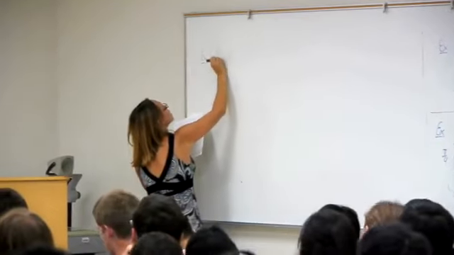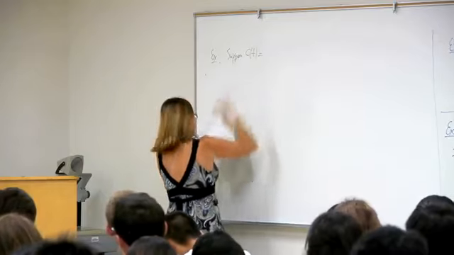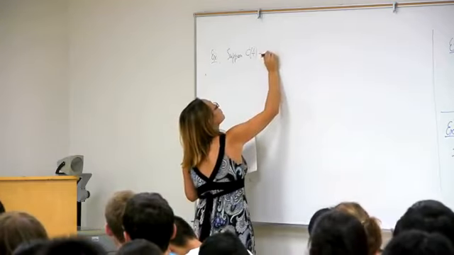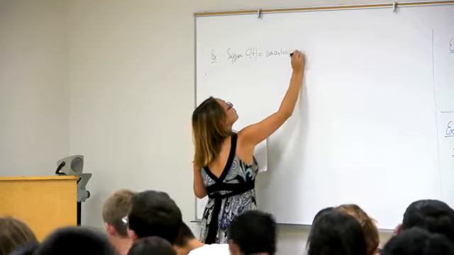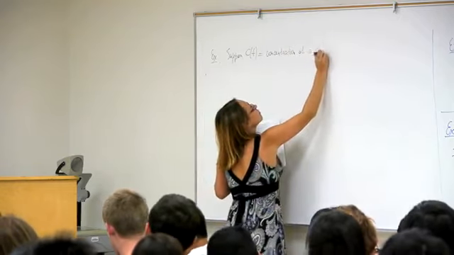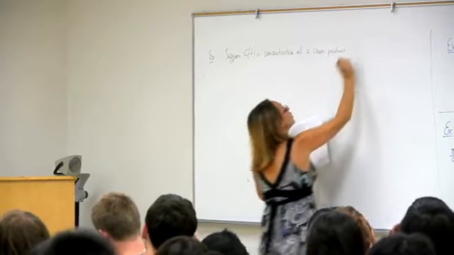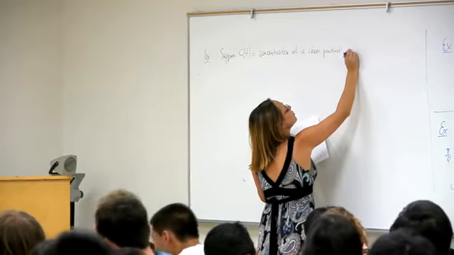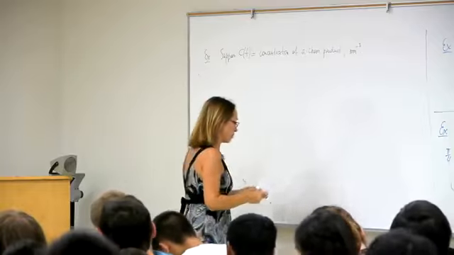Let's suppose that C of t is the concentration of a chemical product, measured in millimeters to the minus 3. Okay.